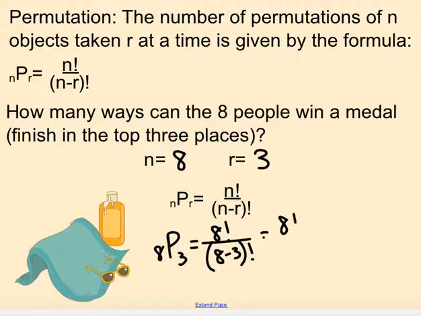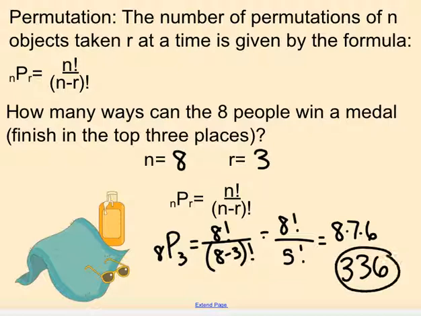That's really 8 factorial over 5 factorial, which means all I have to multiply is 8 times 7 times 6, since the rest of everything is going to cancel out. So when we do that, 8 times 7 times 6 gives me 336 different ways of having these 8 people finish in the top 3 places.